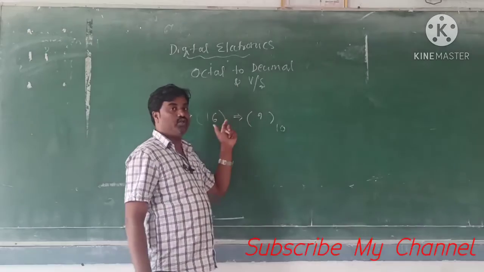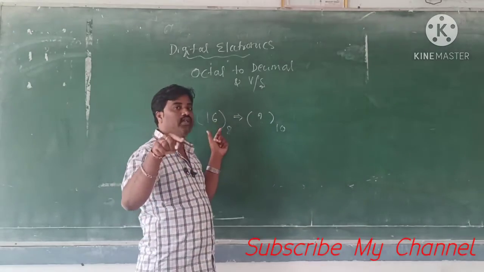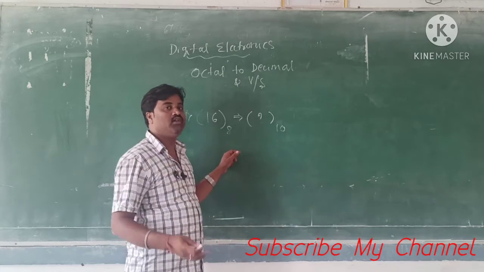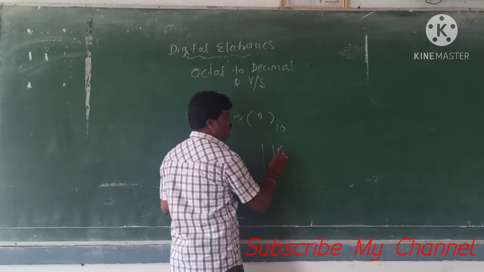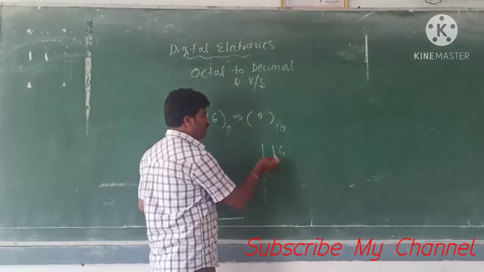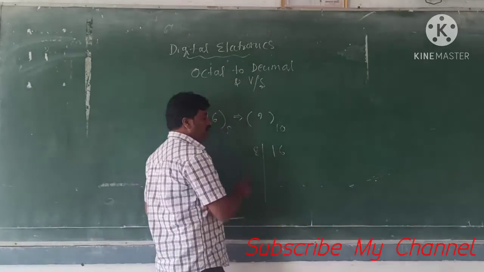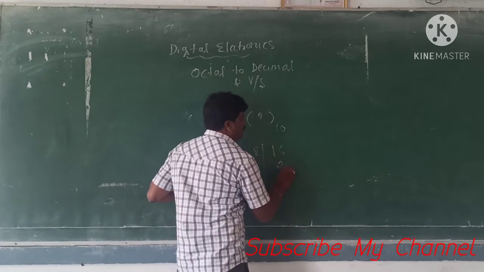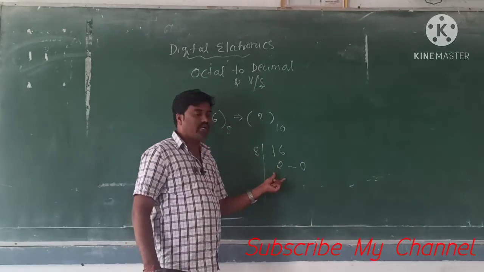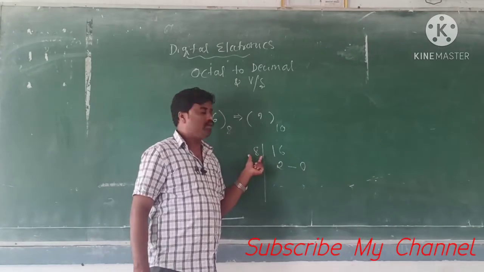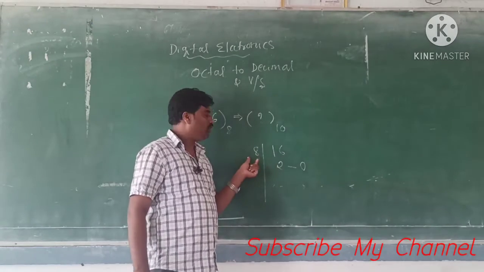To convert octal to decimal number system, we have to divide this number by 8 and record the remainders. We divide this 16 by 8. 8 2s are 16. The remainder will be 0. We can't further divide this 2 by 8 because it is smaller than 8.